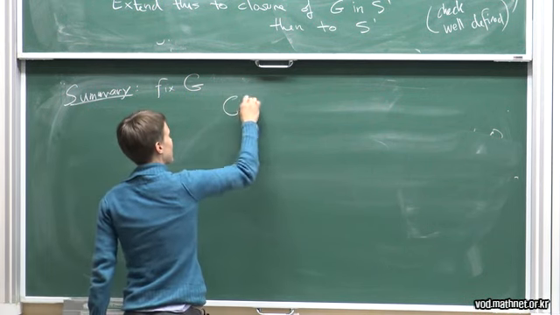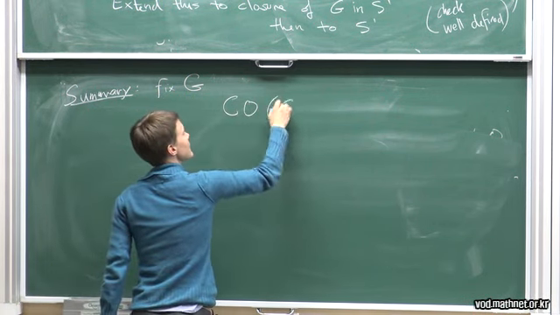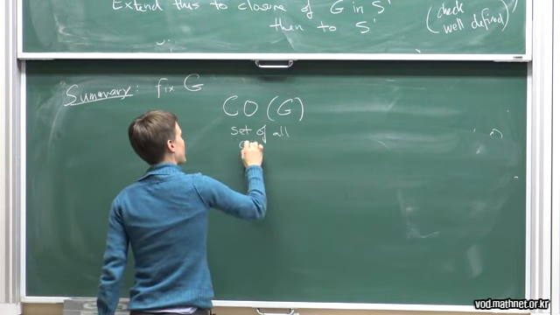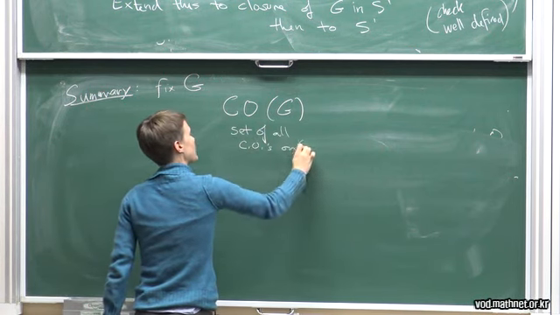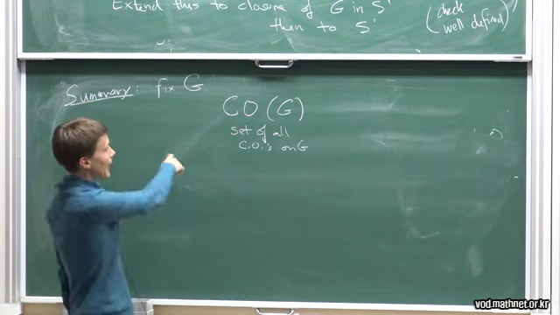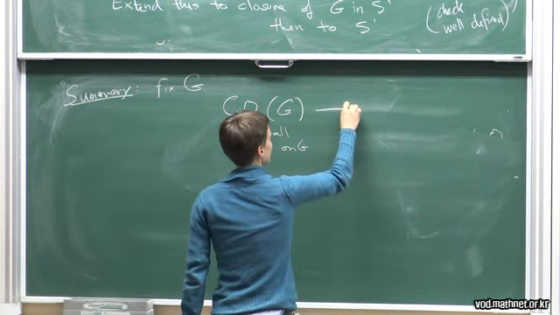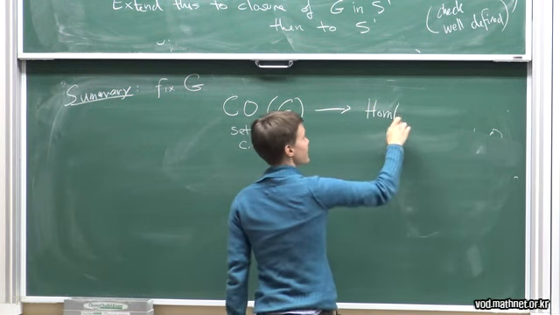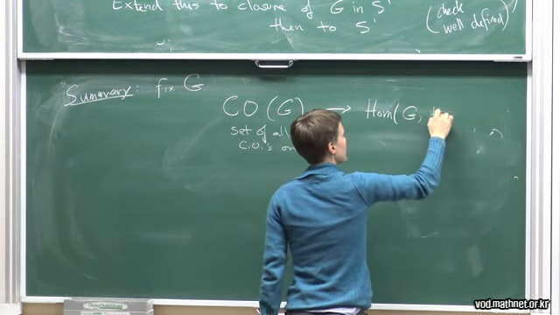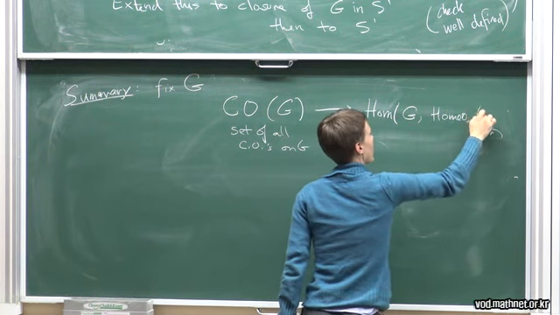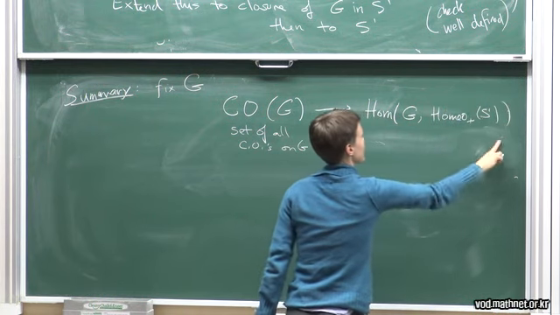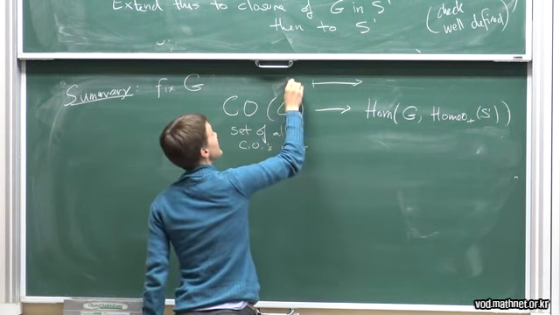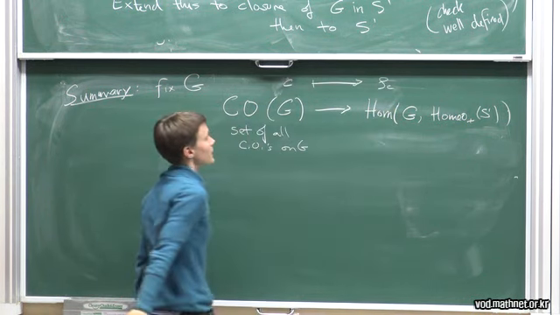Let's call CO of G the set of all circular orders on the group G. There's a map from this space to the group of homomorphisms of G into homeo of the circle, actions of G on the circle, which sends C to rho C from this construction.